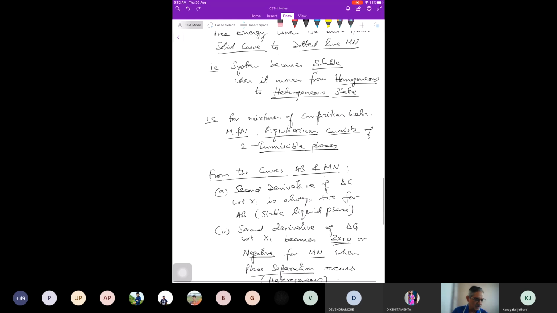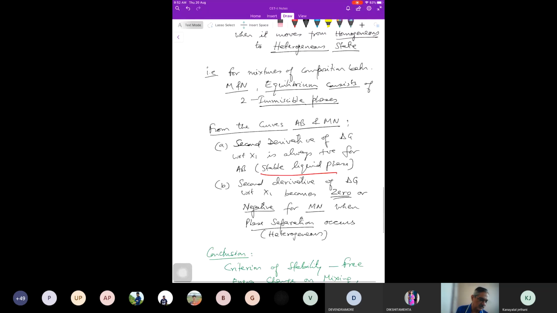Okay, so from these curves AB and MN, this is mathematics basically. The second derivative of delta G with respect to x1 is always positive for AB, a stable system. And the second derivative of delta G with respect to x1 becomes 0 or negative for MN, when phase separation occurs.